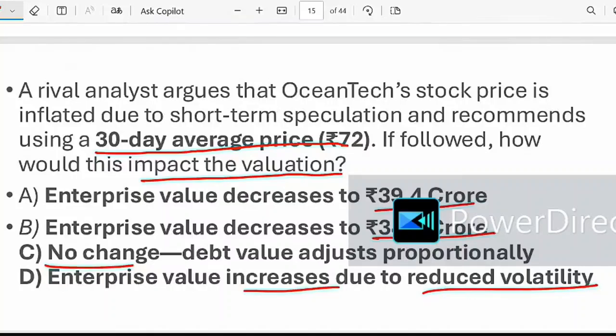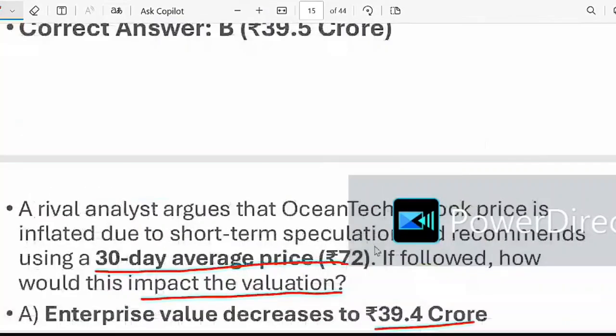This is a very good question. You will see the impact of short-term speculation and using the 30-day average. So what will happen to the enterprise value? Very simple, we have to apply the mathematics. So let's revisit the data. Shares outstanding: 20 lakh shares were outstanding.